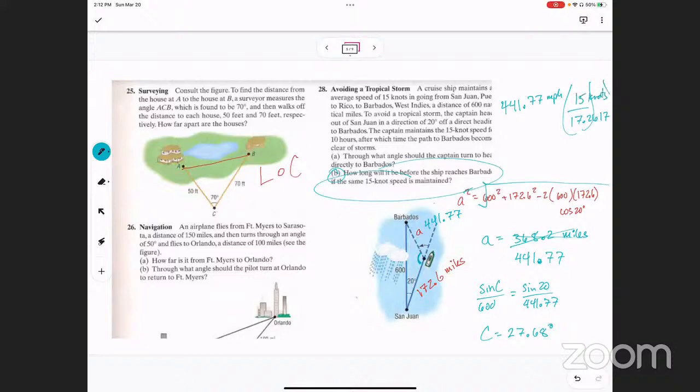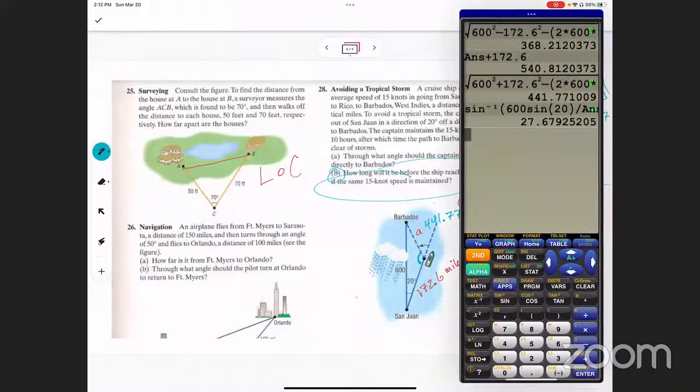I think that's how you do it. Honestly, I'm not sure. Do you have in your notes anywhere how to convert from knots to miles per hour? This is the conversion factor that Google is telling me. So you multiply it by 15 and divide it by 17.267.